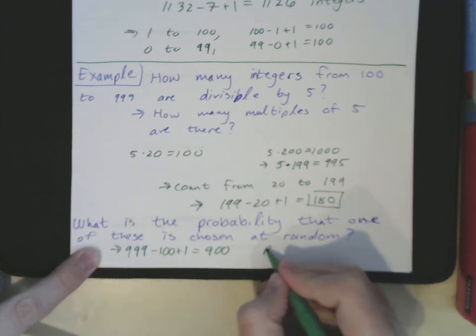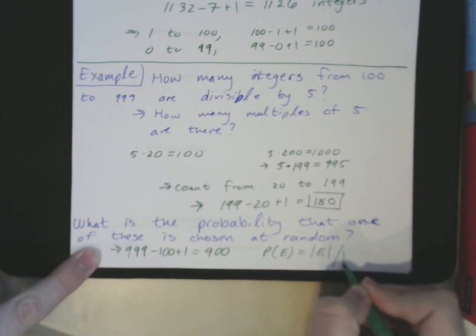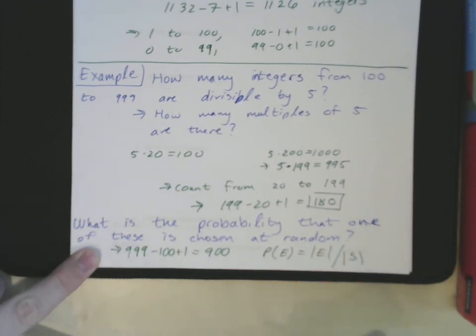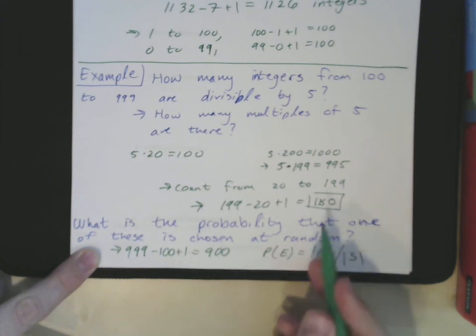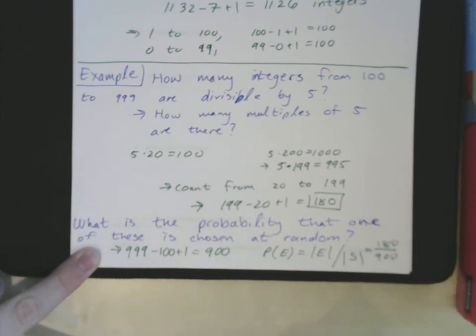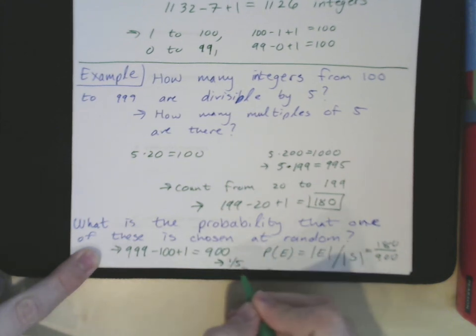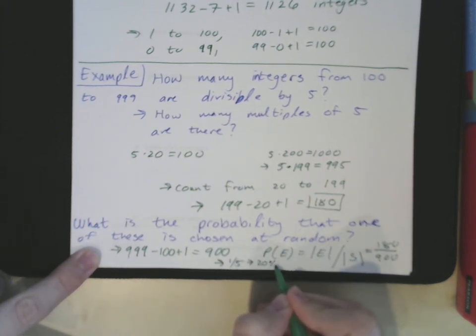And remember, our probability of an event happening is the size of that event divided by the sample size. So that's going to be 180 divisible integers out of 900 possible. Or, I'm going to sneak it in at the bottom here, this is a 1 in 5 chance, reducing to 20%.